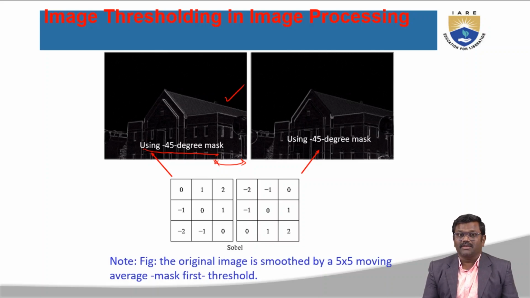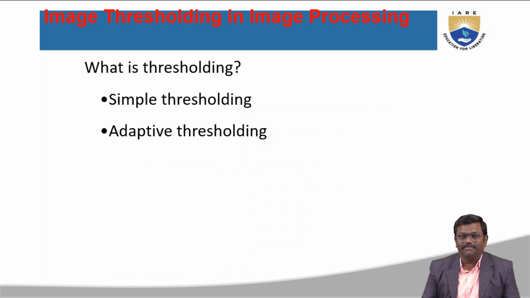That is what I told you at the start itself. Here we are using the knowledge we already have from image processing, and based on that knowledge we define the threshold. So what is the definition of threshold? Here we define threshold in terms of simple thresholding and adaptive thresholding.